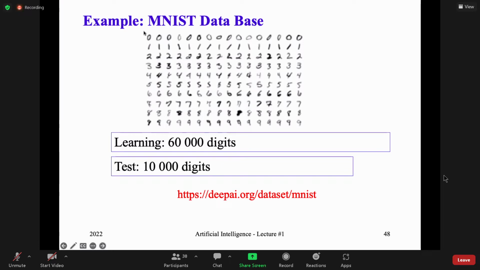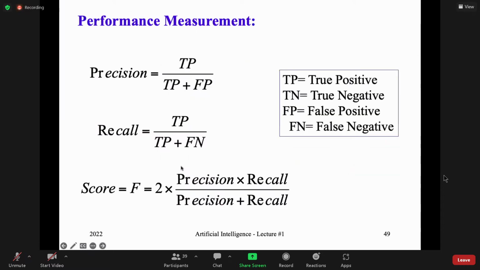For example, we have 6K examples for 0, 6K for 1, and so on. Okay? So with that, we can train our classifier and after that test with this one, okay, what the performance is.